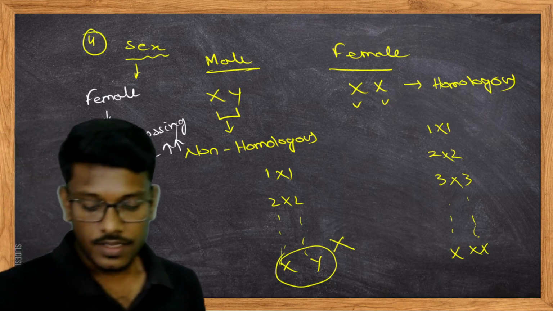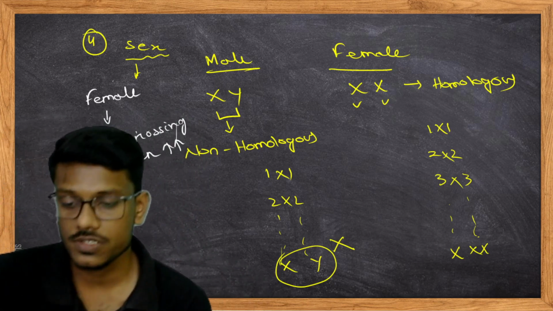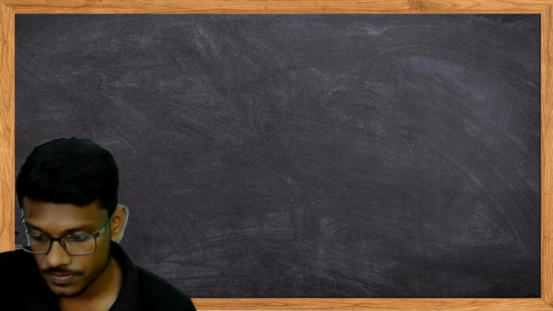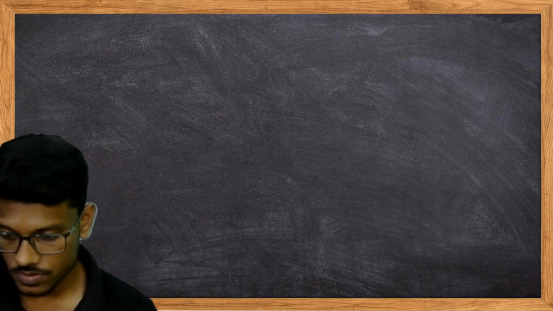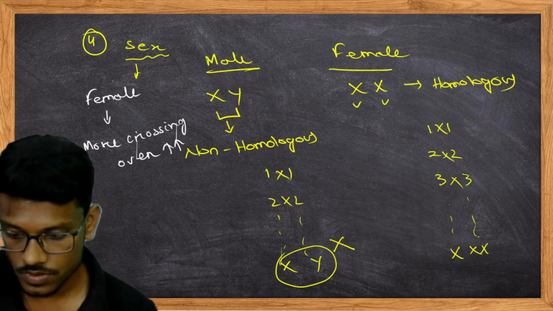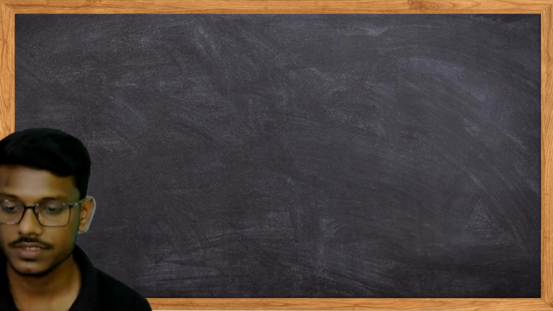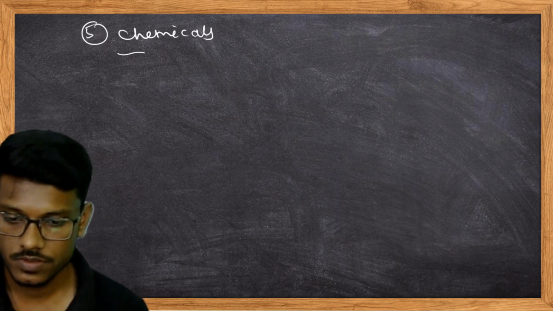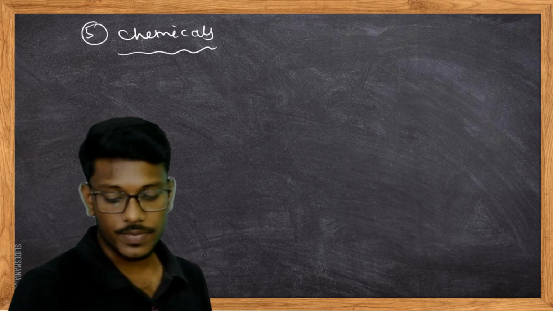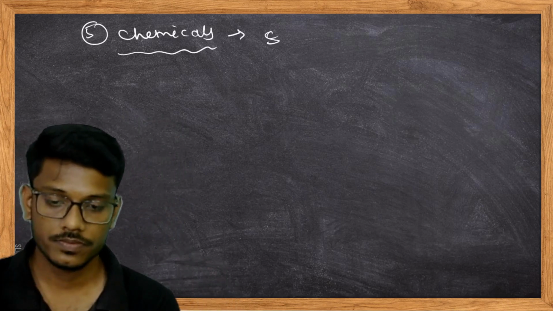Then let's see several chemicals that also affect the process of crossing over. Factor number 5: there are certain chemicals that affect the process of crossing over.